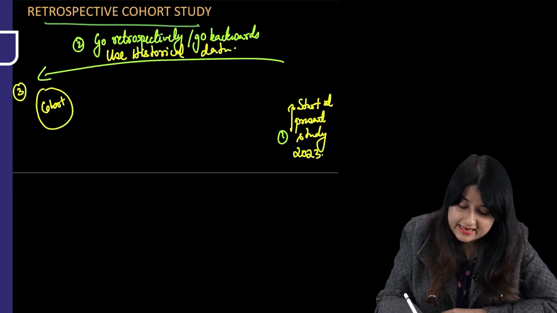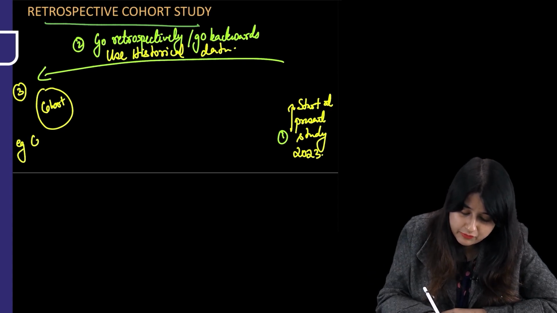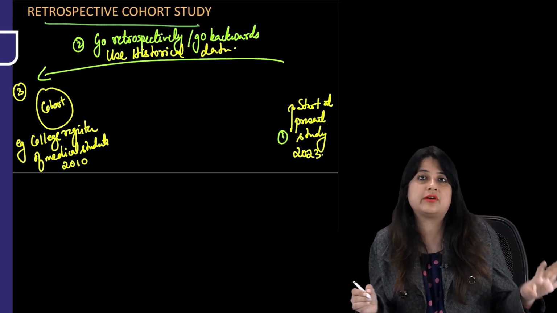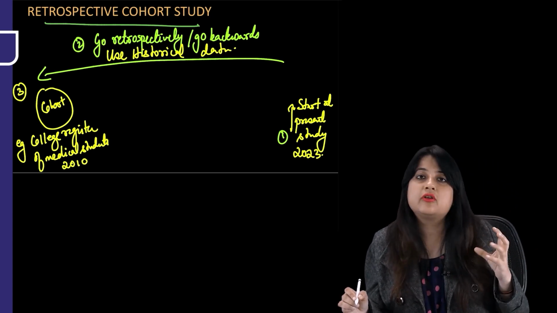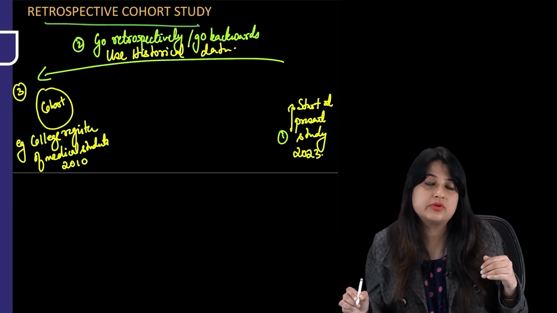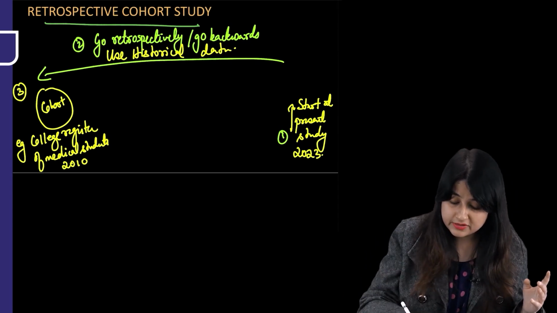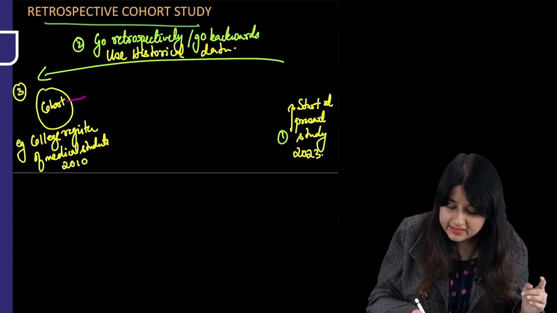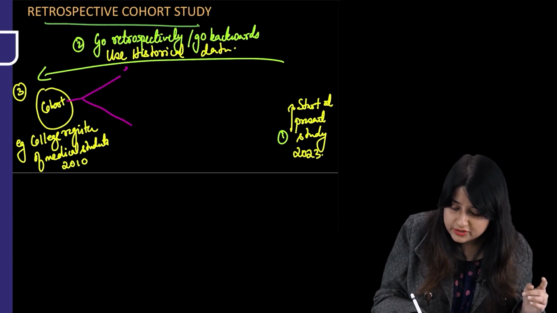Like in this example, you found a college register of medical students who were admitted in a medical college in 2010. So based on that college register, you divide your cohort into two groups, which is exposed and non-exposed.